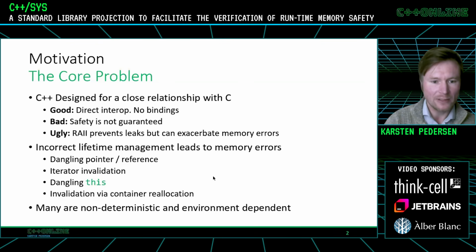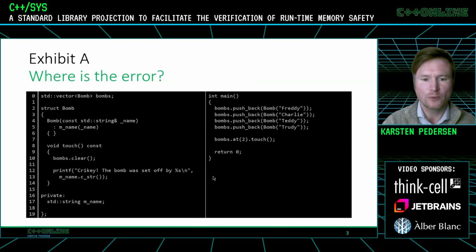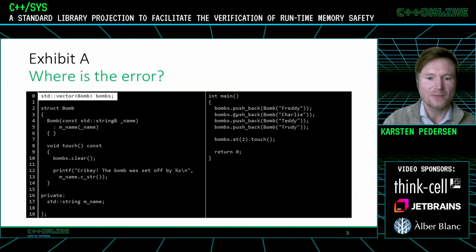So let's have a look at some sample code, and you can see that it's not going to be that easy to track down, even in a simple example like this. So let's go through it. We have this global bombs vector, and I'll explain why we're using a global in a second.